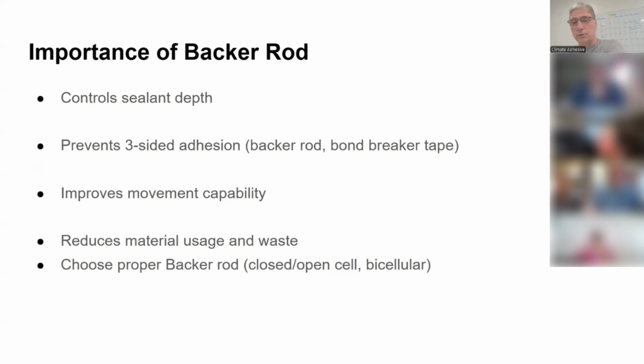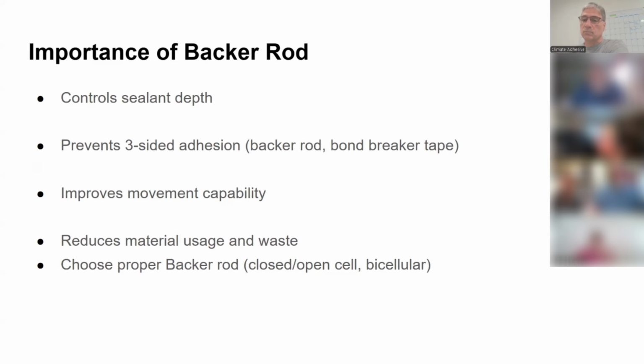Basically, almost nobody uses a bond breaker tape, not that I've seen anyway. Probably should, but I bought I think 5 rolls of it once, and when I sold my business, probably 5 years later, I think I had 4 3/4 rolls left. So that's how much it gets used.